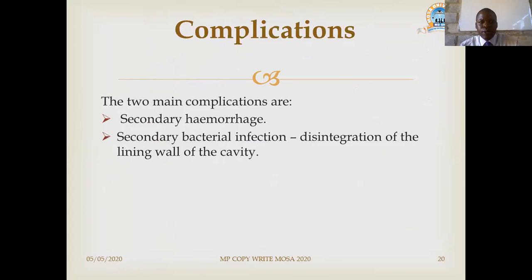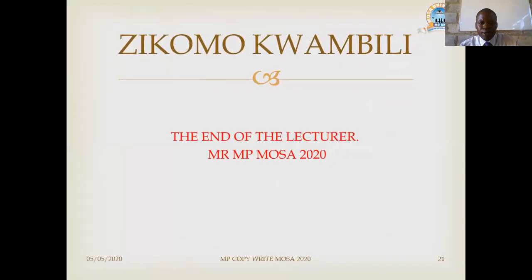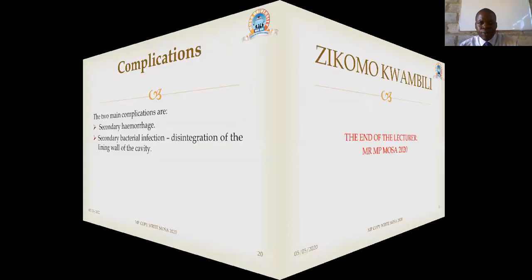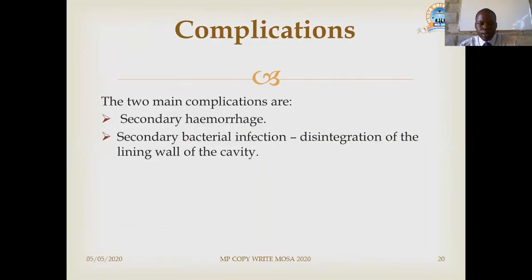Complications. The two main complications which can be associated with liver abscess after surgery are, first, secondary hemorrhage. Then another complication is secondary bacterial infection, disintegration of the lining wall of the cavity. So those were the two complications which can come due to surgery after liver abscess.